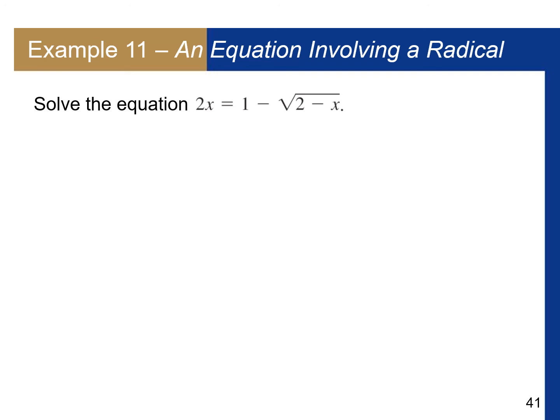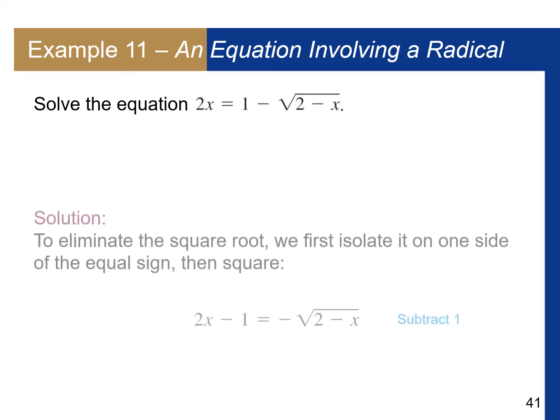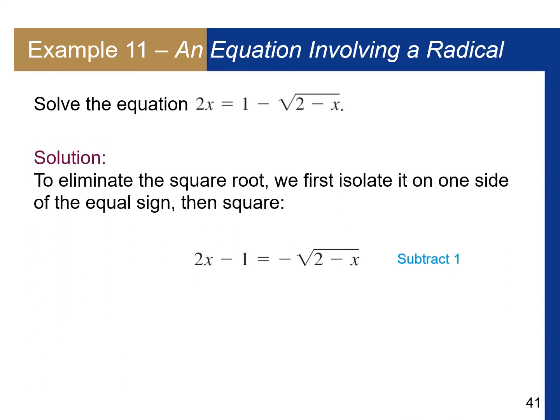All right, let's look at an equation involving a radical. First, I want to get this radical by itself. So right here is my radical. I want to get it by itself. And sometimes people like to move this by dividing everything by -1 first also.